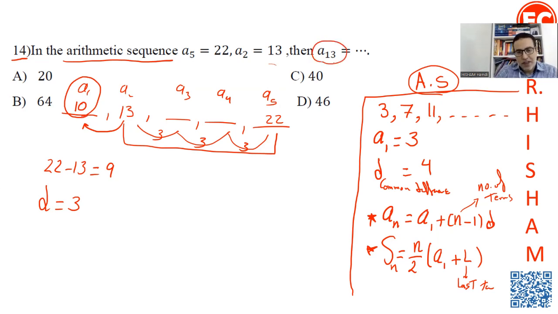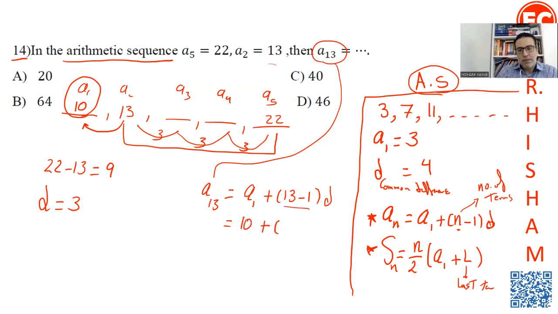I wanted to find A13. A13 is equal to A1 plus (13 minus 1), which is n minus 1, multiplied by d. A1 is equal to 10, 13 minus 1 is 12, and d is 3. 12 times 3 is 36, plus 10 is equal to 46.